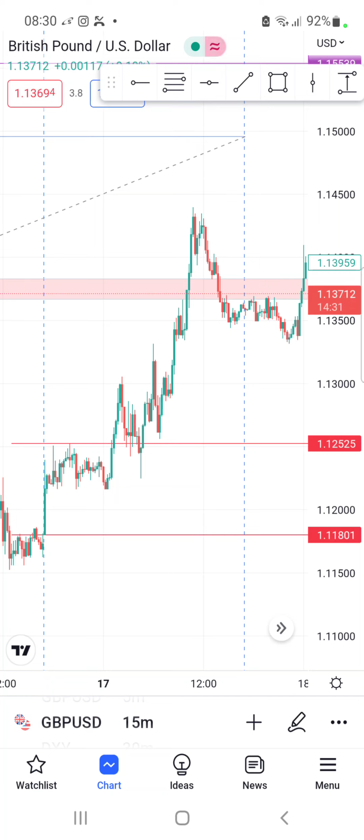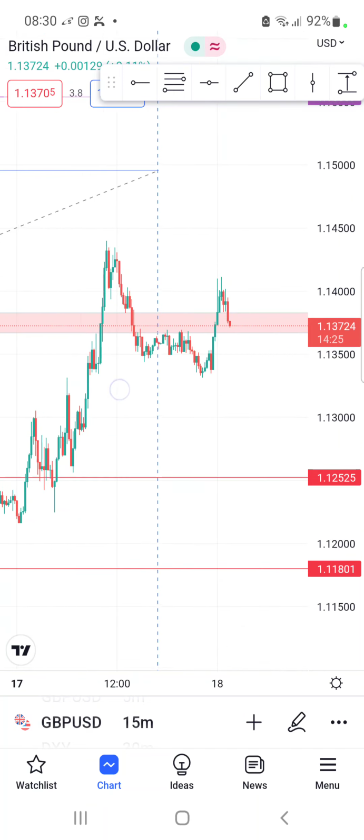It started by creating the lowest part of the day, then the rest of the day continued in the main direction. Even if you come to weekly, that's the same concept. If you are going to have a bullish week, the lowest point of that week is formed either on Monday or Tuesday. Then the rest of the week, price goes on to the upside.